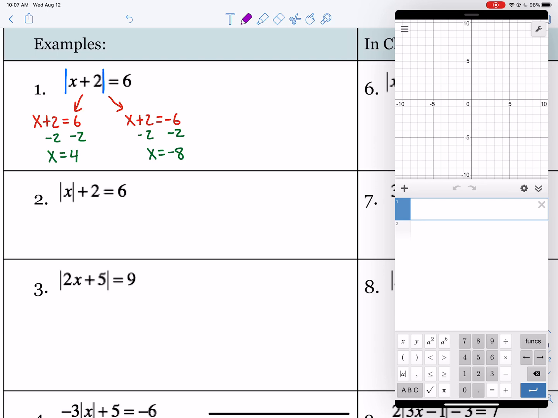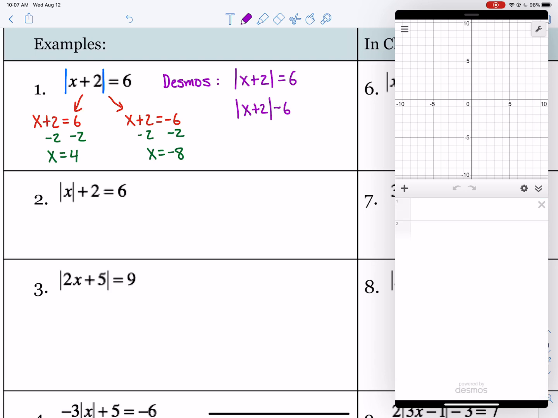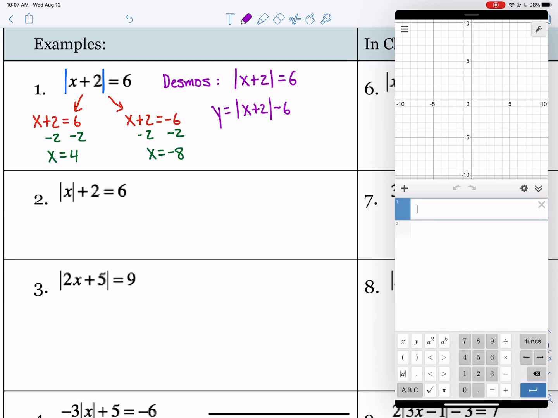And so in order to check with Desmos, we have to get everything on one side. And so we have the absolute value of x plus 2 equals 6. So what we need to do is move the 6 over. So we need to say the absolute value of x plus 2 minus 6. That way we're typing in a function like y equals.